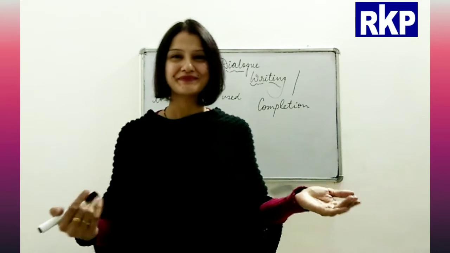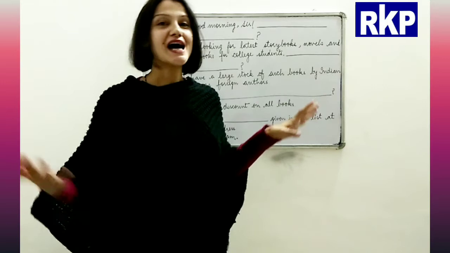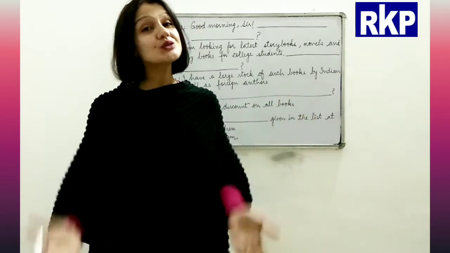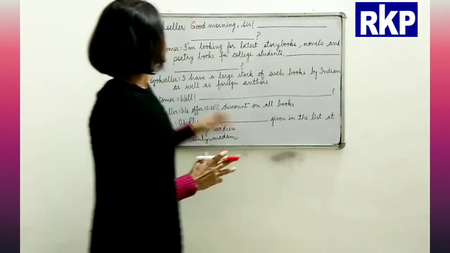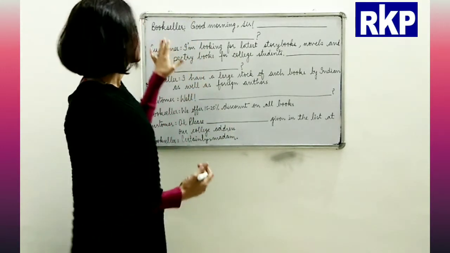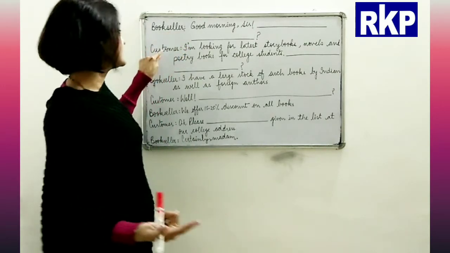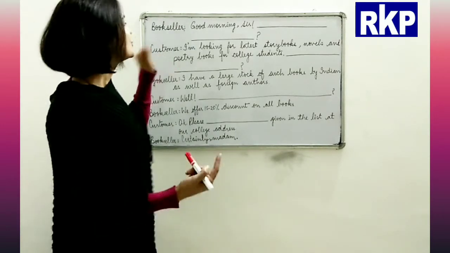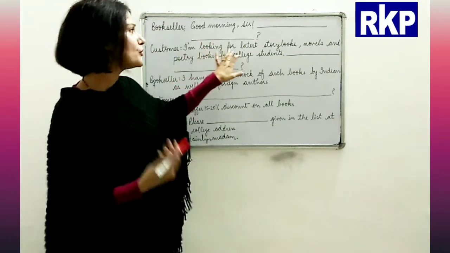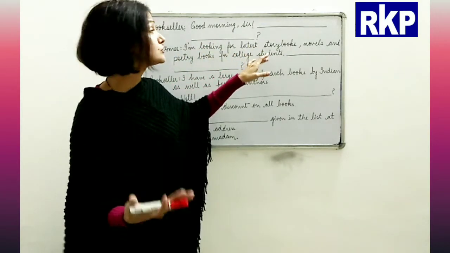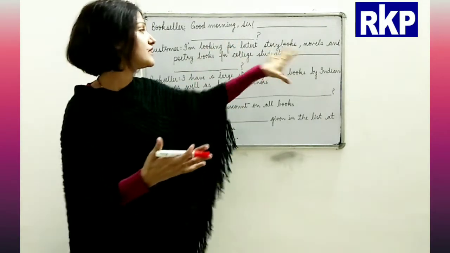All right, so here we have our incomplete conversation, and we have to supply suitable dialogues to complete it. Let's read it once. It's a conversation between a bookseller and the customer. Good morning, sir. Then we have a blank. I am looking for latest storybooks, novels and poetry books for college students. Then we have a blank.